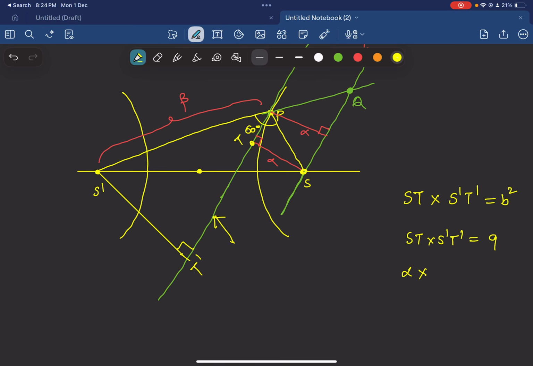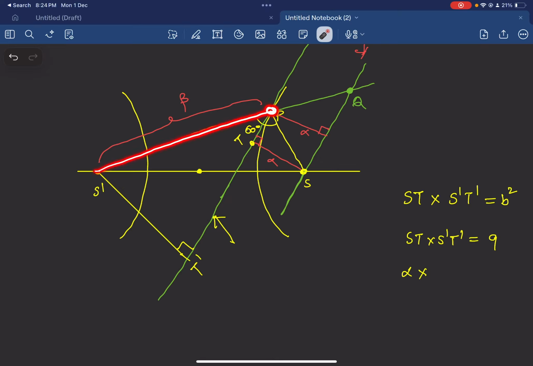So again, one more property I want to point out here. This is a point on the hyperbola, and these two are the lines joining that point to the foci of the hyperbola.